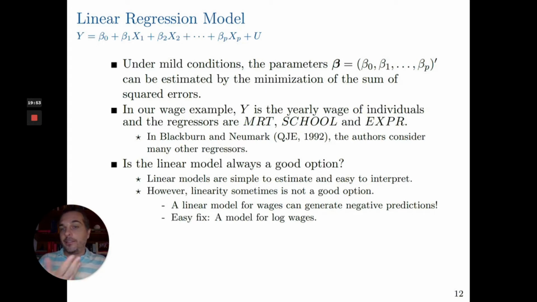In this case, there is an easy fix. Write a model for log wages. So you can just say that log of y is equal to beta naught plus beta 1 x plus u, for instance.